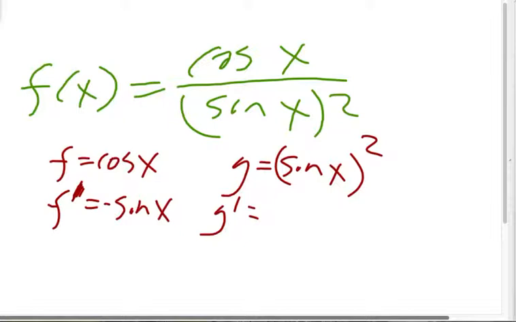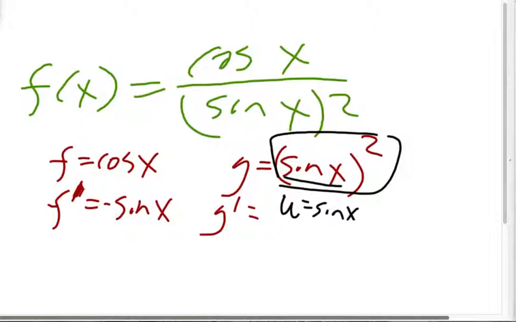quotient rule. All right, and if you remember, I see there's my inner one, there's my outer one. So to find G prime, first I'm going to have to find my u is sine of x. u prime is cosine of x.